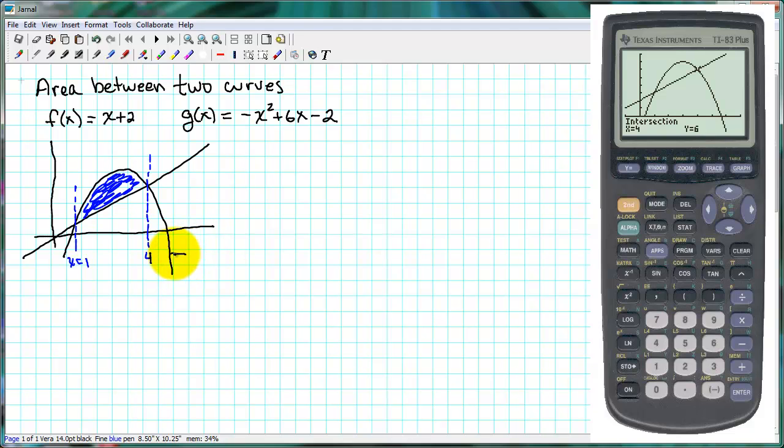Now this parabola is our g of x, and this is our f of x. Now if we were going to try to do this maybe with graph paper or something, we could find the total area under this curve, and that would be the integral from 1 to 4 of g of x.